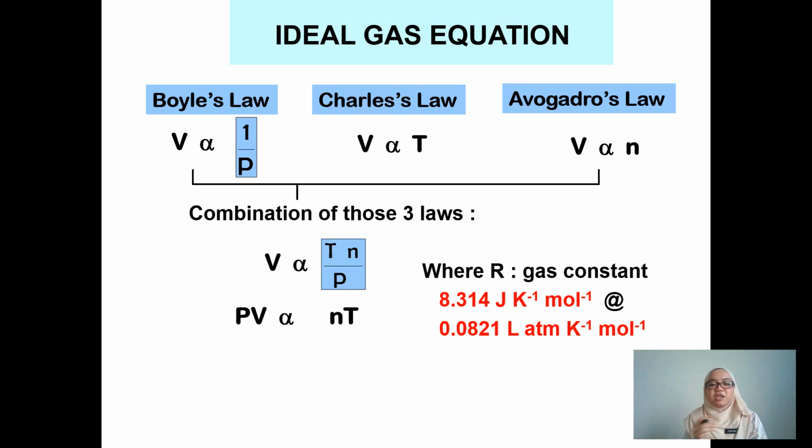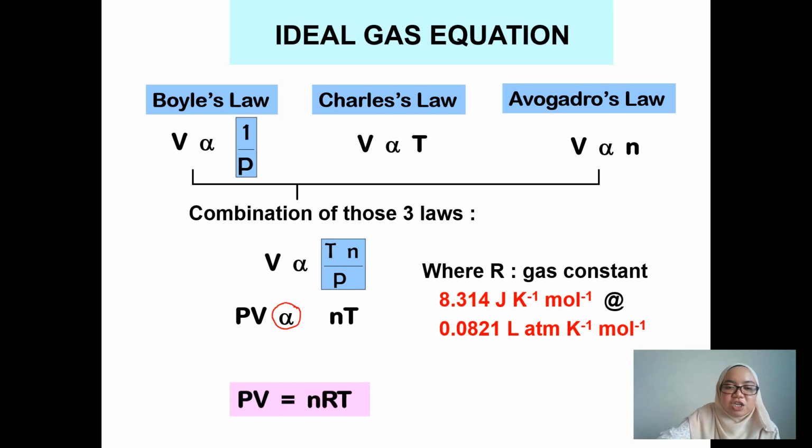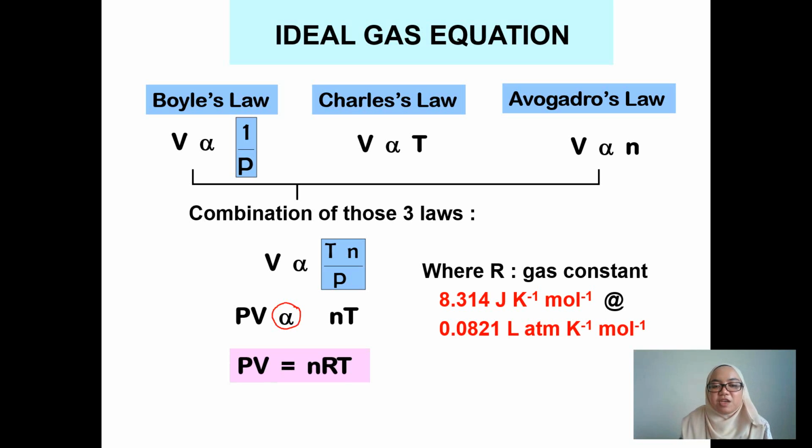So we need to combine everything. We know that they all have the same thing, V. So V is directly proportional to Tn over P. We know that this is the proportional constant, right? So when we change it to equals, it becomes PV is equal to nRT, where R is the gas constant.